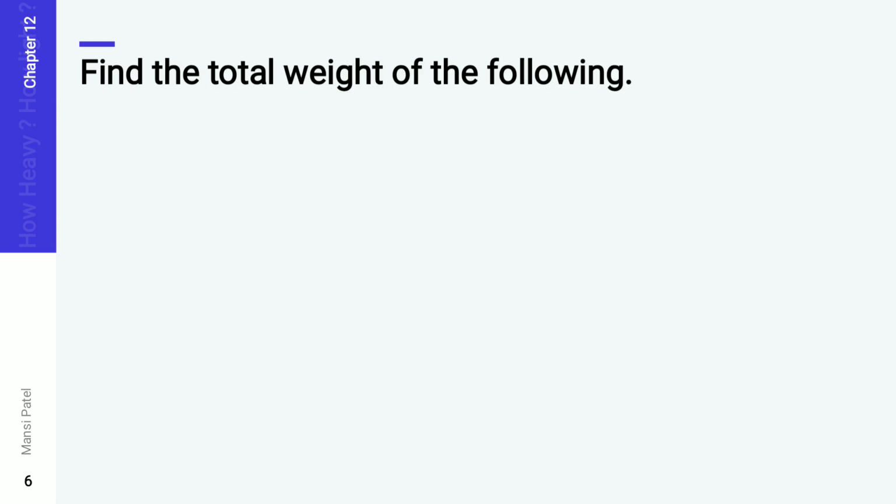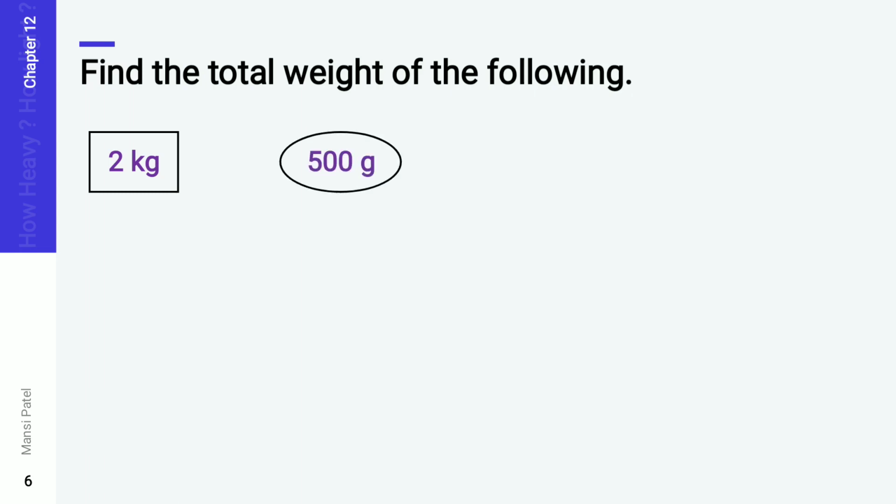Now, here you want to find out the total weight of the following. In this I am giving some shapes to you. See here, this shape represents 2 kilogram. Now this circle represents 500 gram. And this triangle represents 1 kilogram. So now what do you want to do?